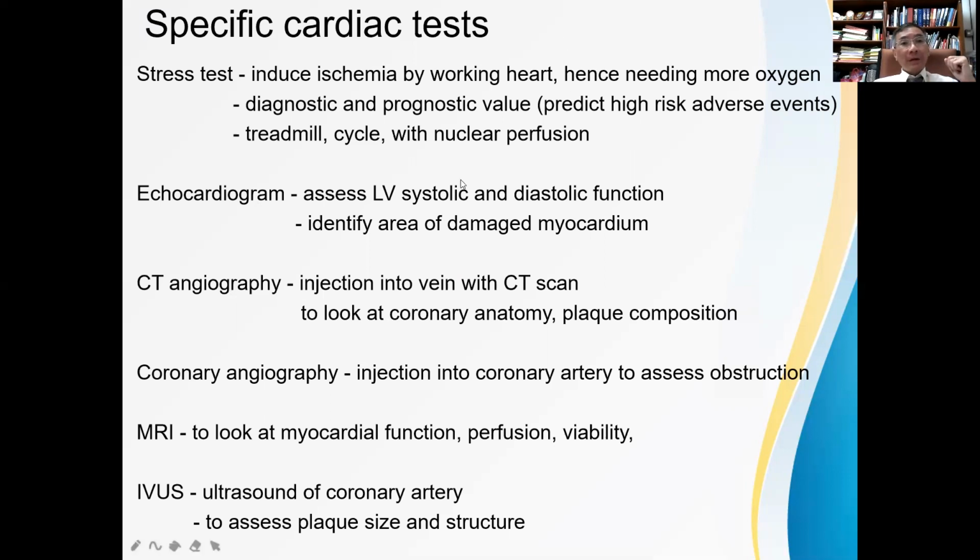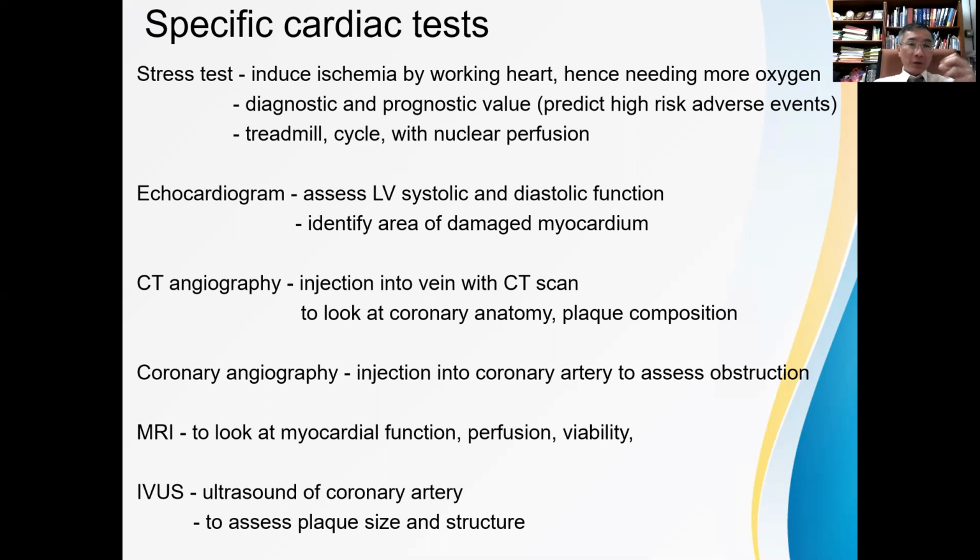The stress test can both be diagnostic and prognostic. That means that it can tell which patient is at a higher risk of getting bad events in future. It can, of course, also tell whether a patient has coronary artery disease, and in particular, whether the discomfort the patient feels is from the cardiac condition.